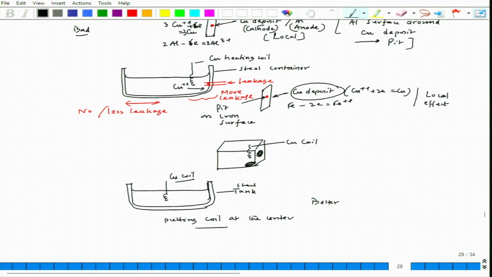So, these are a few examples on ion transfer. In fact, this ion transfer effect can be felt.